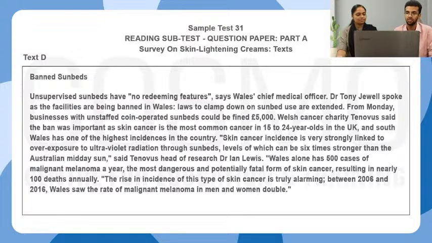That's the meaning of the word to soar. And rise also means you're moving upwards. So rise in incidence means what? The increasing number of cases. Soaring prevalence also means the rising number of cases in malignant melanoma. So that's the synonym for soaring prevalence, which is rise in incidence.